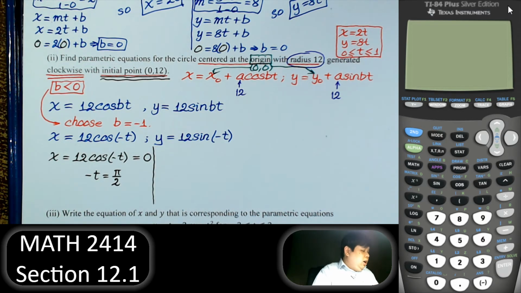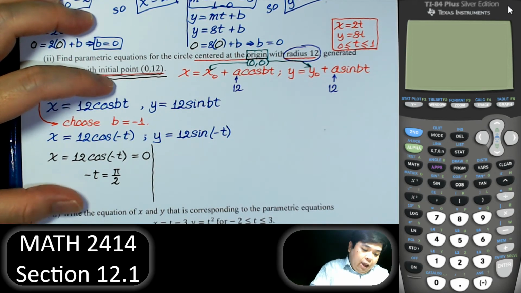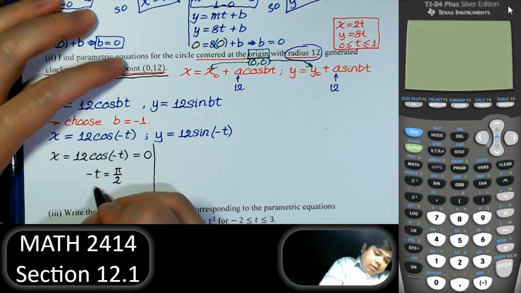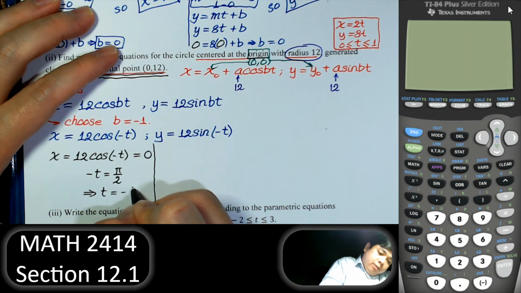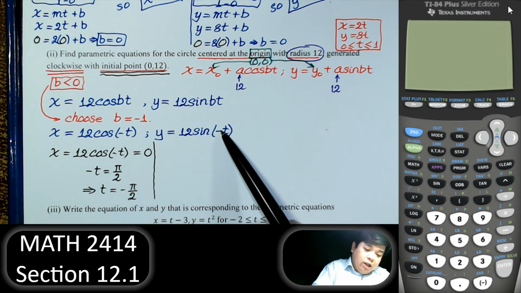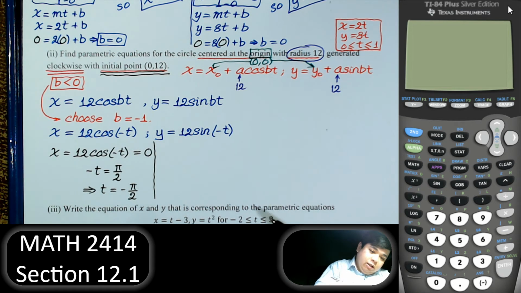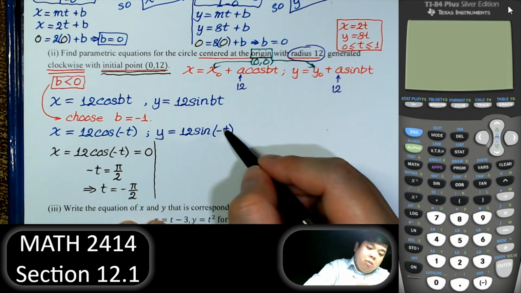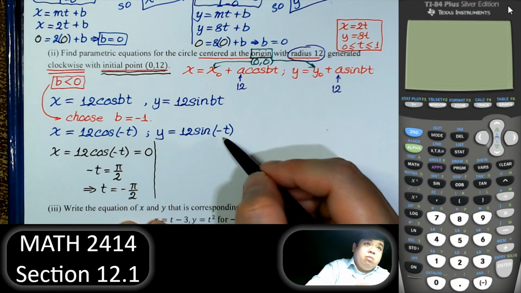So we certainly can write it like that. So t equals -pi over 2. And then when t equals -pi over 2, we put in here sine of pi over 2, and negative pi over 2 here.